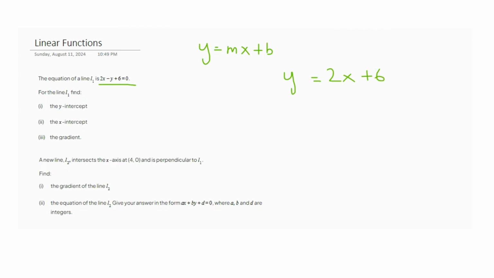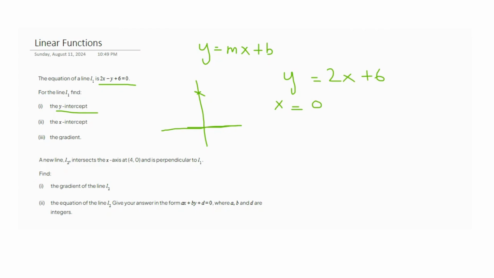Now coming to the first part of the question, it says we need to find the y-intercept. Whenever we have to find the y-intercept, we put the x value equal to 0. The reason is that the y-intercept is the point where the line intersects the y-axis. So at this particular point, the x value is going to be 0.